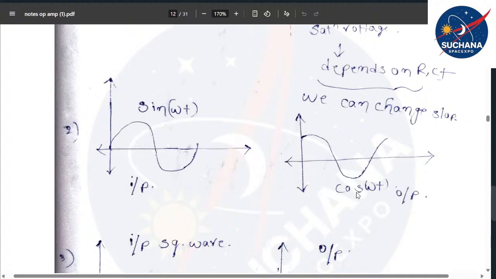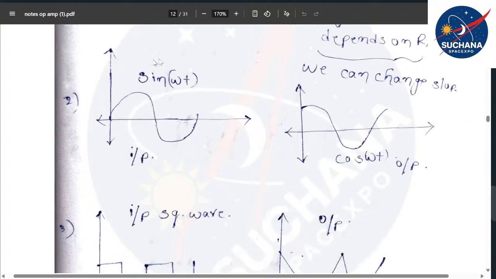If you do the integration with the help of a non-inverted integrator, then the output would have a 180 degree phase shift, upside down. But here, if you pass a sine wave as the input signal, you will get a cosine wave as the output.